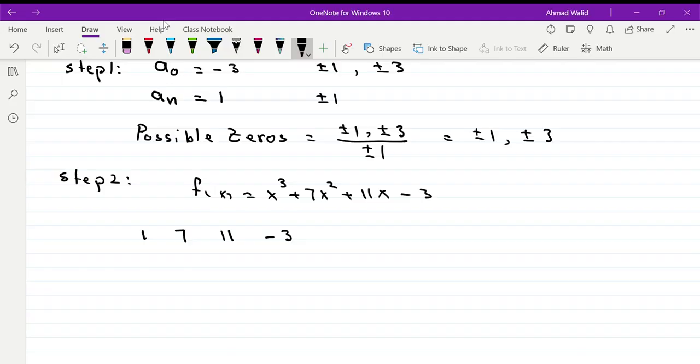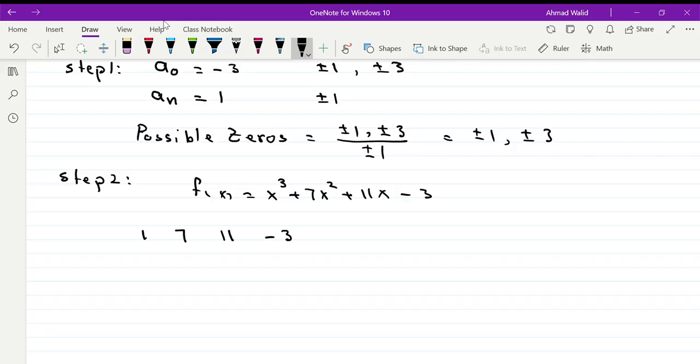Please be careful. If your polynomial function has a missing term, a missing exponent, please complete that one. I already discussed it when I taught you synthetic division. If you don't complete it, your answer is wrong.